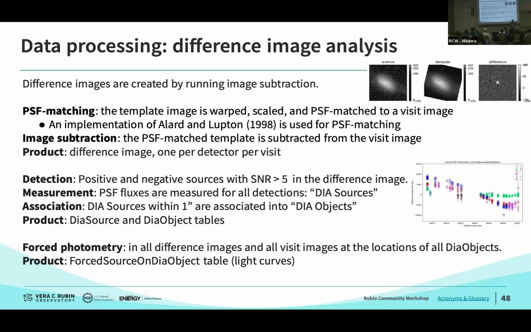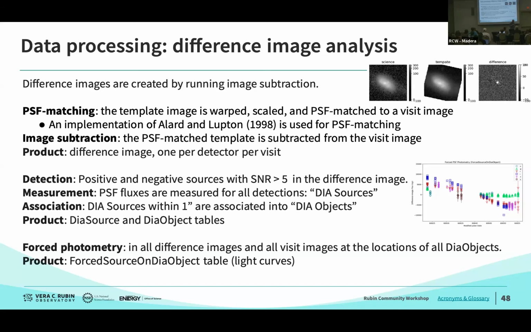And then that PSF-matched template is what's actually subtracted, and you get a difference image. It's done per detector, so you get 1 difference image per detector for each visit. And then we run detection. Because it's a difference image, things could have gotten brighter relative to the template or fainter. So you have to detect both positive and negative sources. Anything with signal to noise greater than 5, either positive or negative, is included in the detections.